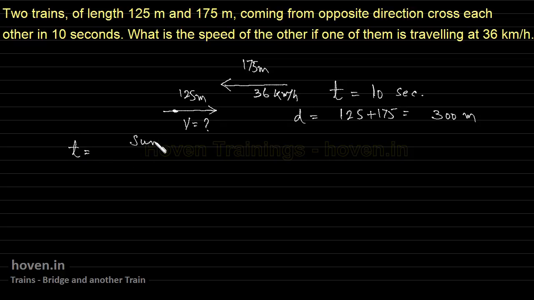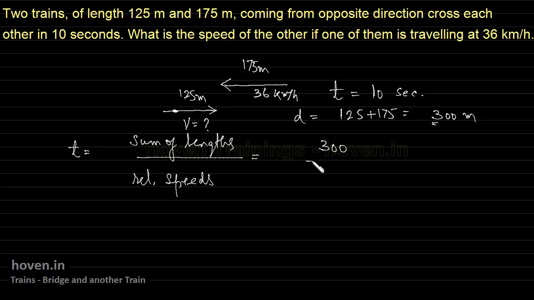So as we have just seen a generalized formula that the time taken is equal to sum of lengths divided by relative speeds of the two trains, we can write it as sum of lengths has already been found as 300. So it is 300 divided by the relative speed will be v plus, now this 36 should be converted into meters per second. 36 kilometers per hour will be multiplied by 5 by 18.